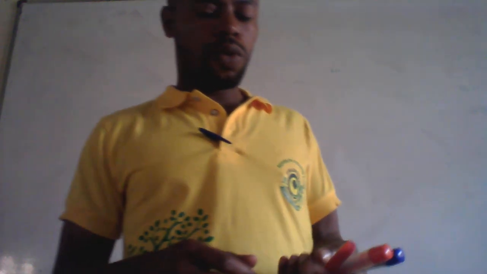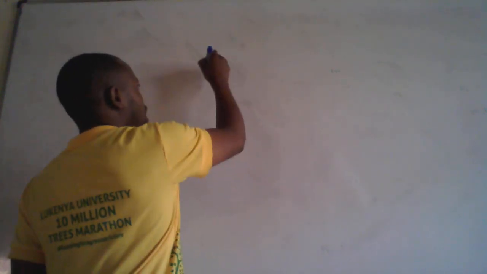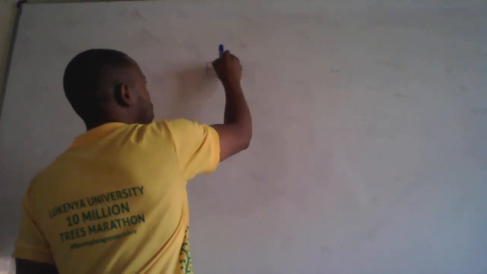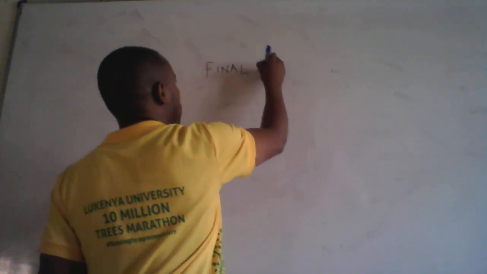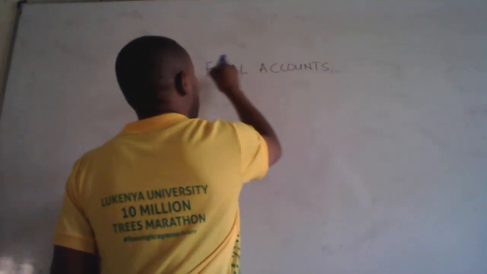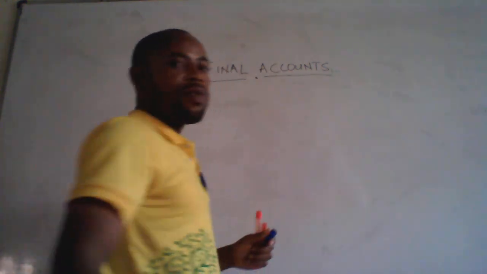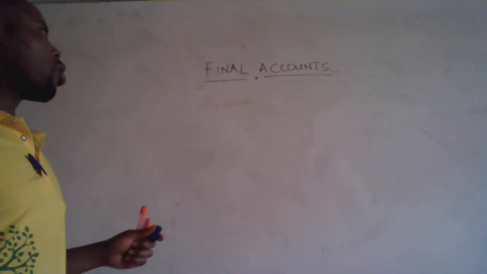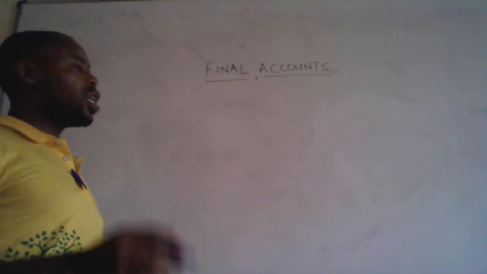I want us to discuss what we call the final accounts. Our topic today is on final accounts. In our previous lesson, in our first lesson, I taught about the trading account.